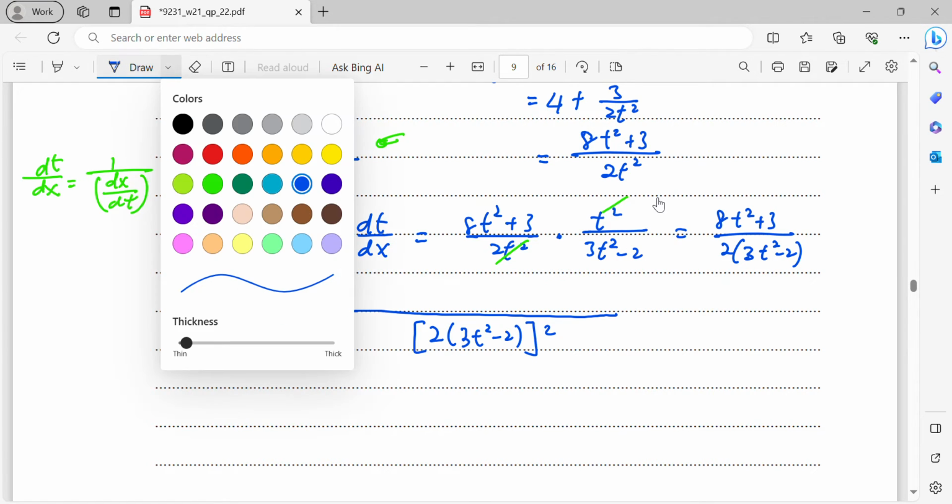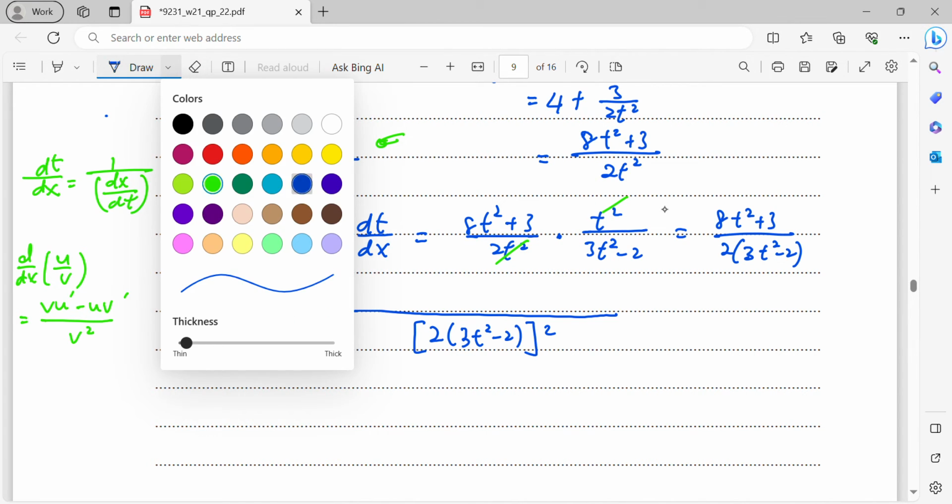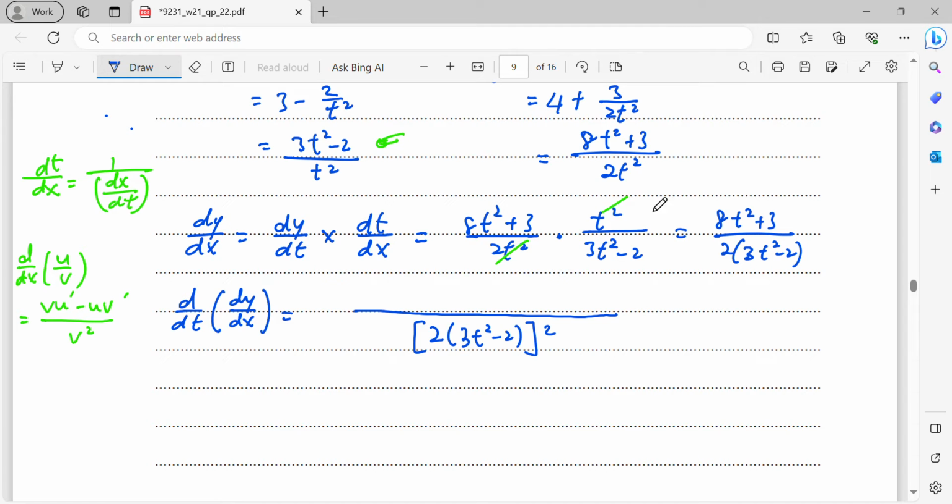For your information, the quotient rule is d over dx of u over v. The formula is over v squared, v u prime minus u v prime. Okay, so now I square the denominator. I keep the denominator, which is my v.